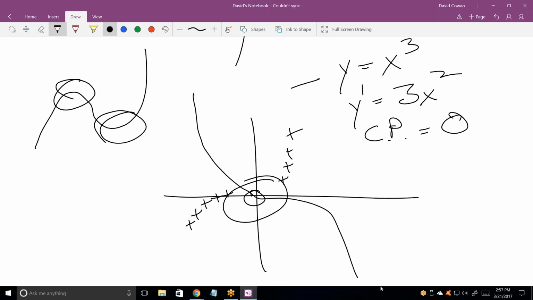You still have a 0 slope tangent line, but my slopes go minus, minus, minus, minus, 0, minus, minus, minus, minus. So to be looking at a local minimum or maximum, you have to have the slopes change direction either side of the critical point.